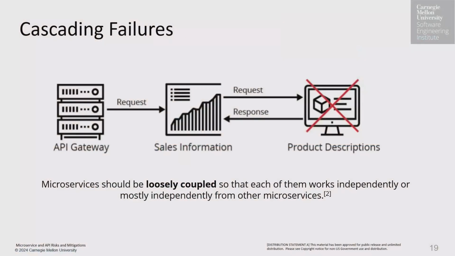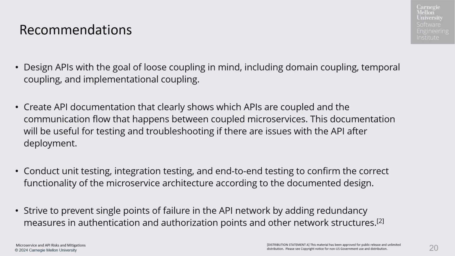And the concept that goes with this is called loose coupling. So microservices should be designed to be loosely coupled, which means they should be as independent as possible. You can't design the network to have completely independent microservices, but making sure that if there are dependencies, that those dependencies are absolutely necessary. That will help prevent cascading failures.